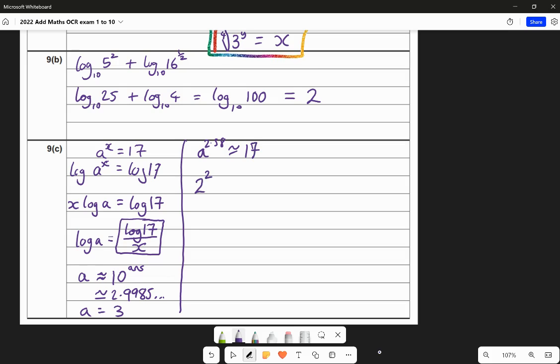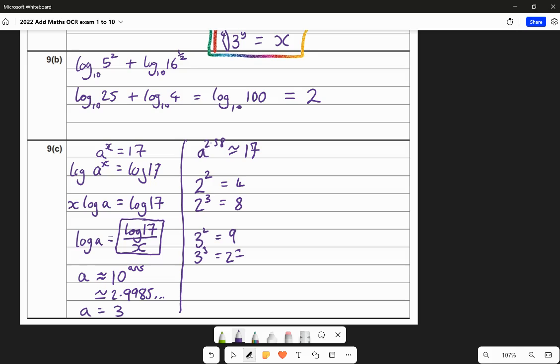So 2 squared is 4, 2 cubed is 8, because the 2.58 is between 2 and 3. It's not going to be 2, because that's going to be too small. I could try 3 squared and 3 cubed. 3 squared is 9. 3 cubed is 27.